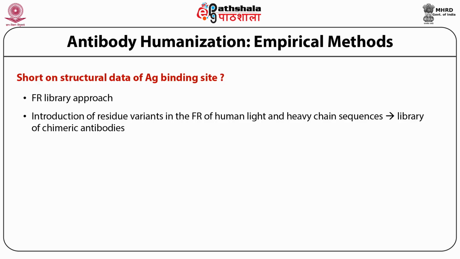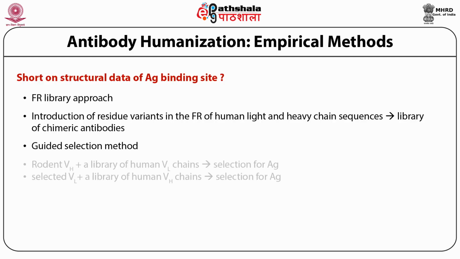Other than this library approach, we have a guided selection method. This method is unique in its outcome, in that a humanized antibody made using this method is actually completely human. It is no longer a chimeric antibody. In guided selection, a rodent or animal VH variable chain is used against a library of human variable light chains.